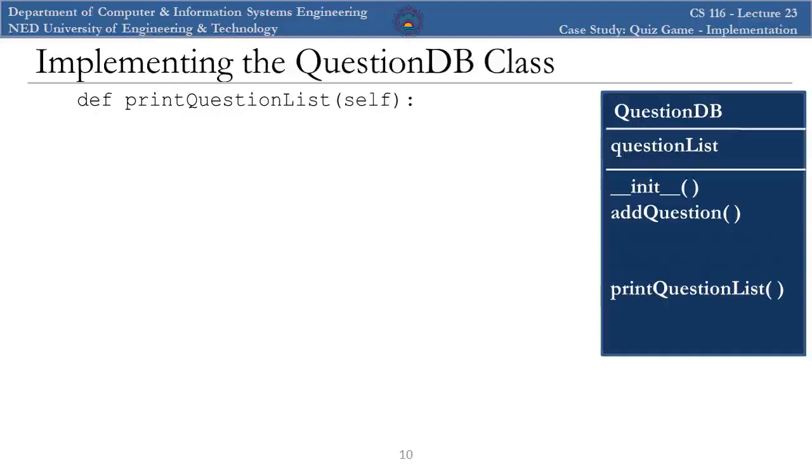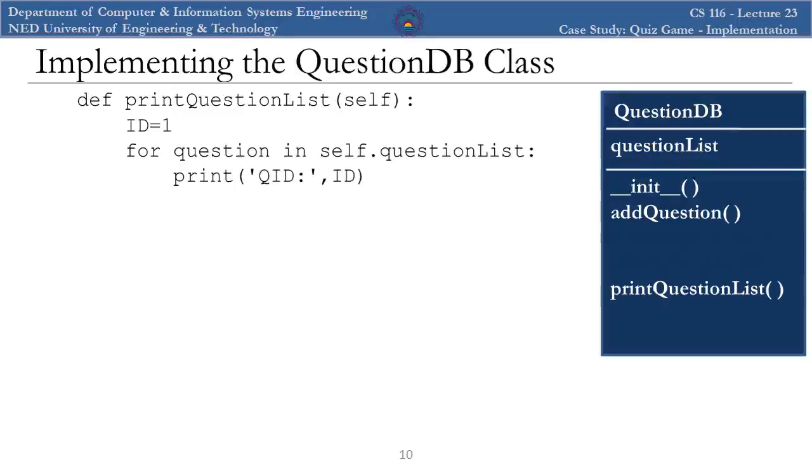So let's implement this method first, print question list. Here I'm initializing this ID, a local variable, to 1. Question list is my list of questions, so I'm just iterating over this list, and each time question will contain one question. I'll first print the ID, and I know that each question is of question type.